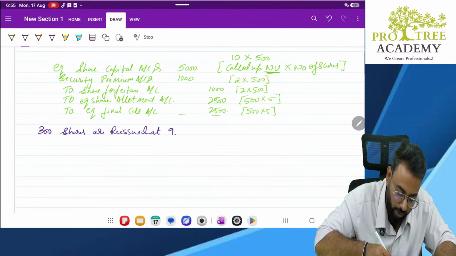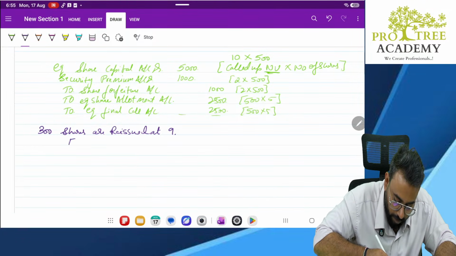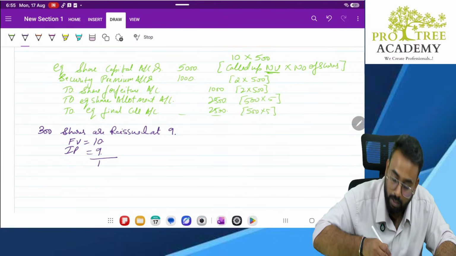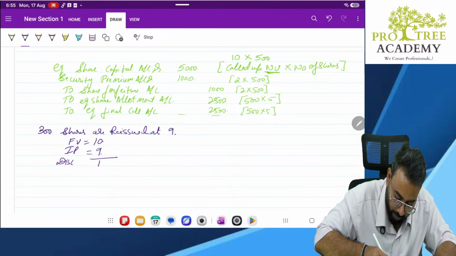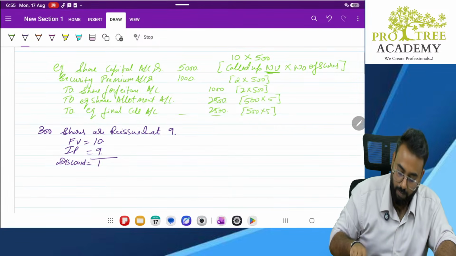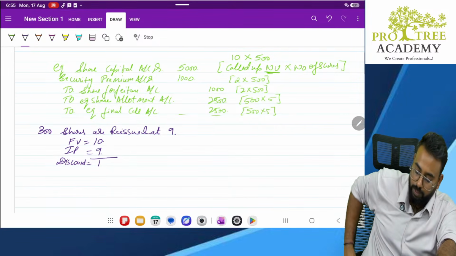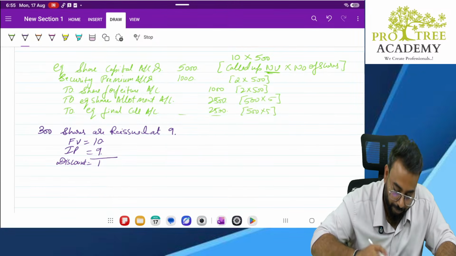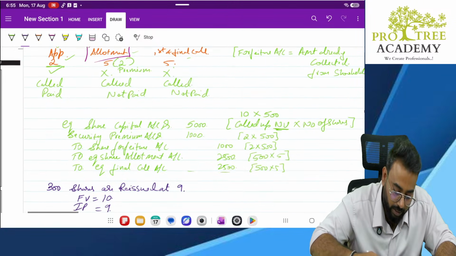So, is there a discount? What is the face value? 10. What is the reissue price? 9. What is the discount? Discount is 1 rupee.